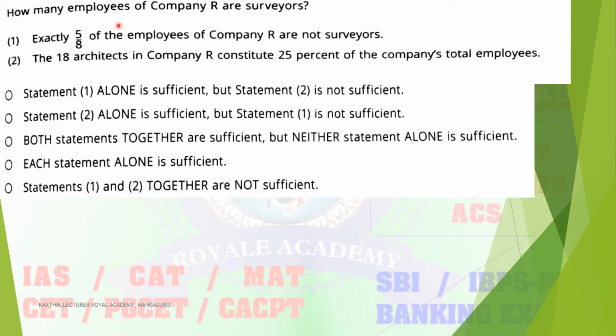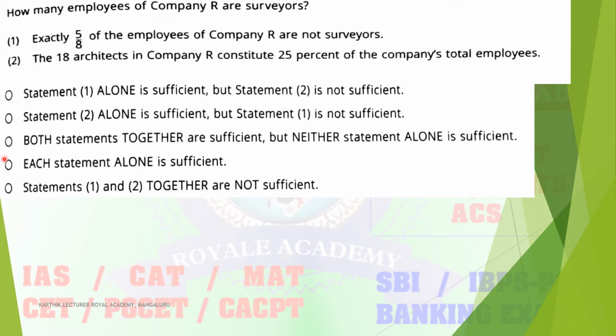If both statements together are required to answer the question, then that is the third option. Fourth option: each statement alone can answer the question. The first statement alone can answer the question, and the second statement alone can also answer the question.